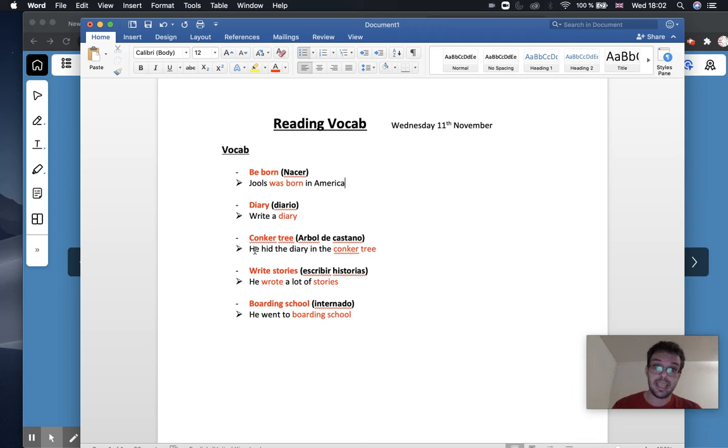It says, he hid the diary in the conca tree. Esto es del texto. He hid quiere decir esconder. Él ha escondido el diario en el árbol de castaño. He hid the diary in the conca tree.